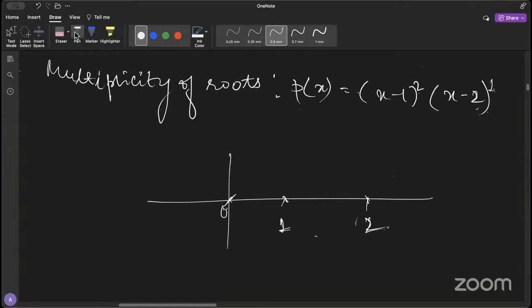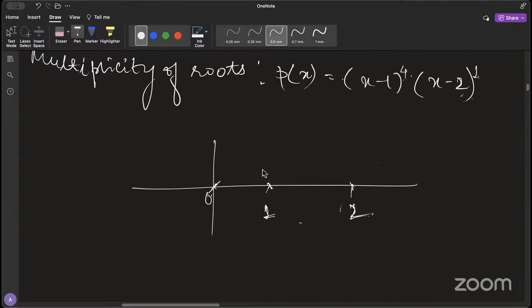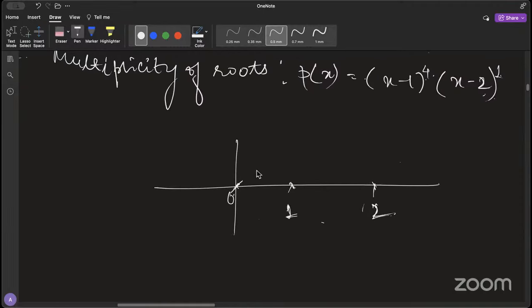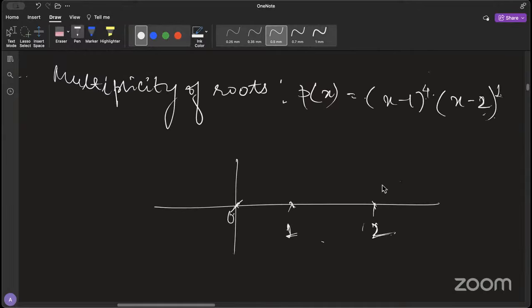Let's say I take 4 here. We know it's either this thing here or this thing here. We're not sure which one. So let's try to put a value between 0 and 1. If I put half here in this polynomial, what's the sign of p of half?